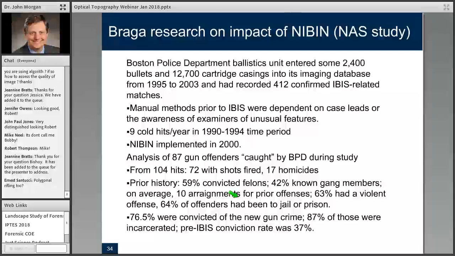Boston put in 2,400 bullets and 12,700 casings into their IBIS system from 1995 to 2003 and recorded 412 hits. And what's really interesting is that before that, they got 9 cold hits a year. And that was usually because of really, really smart firearms examiners.